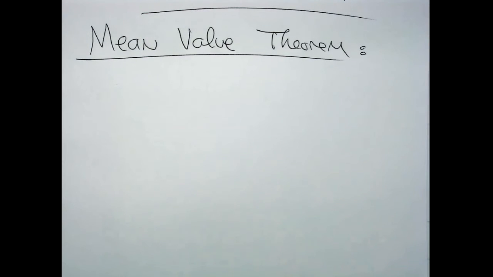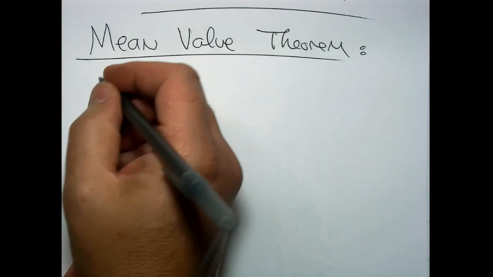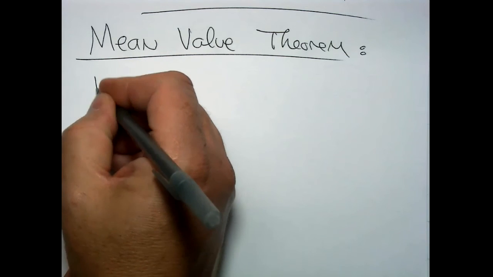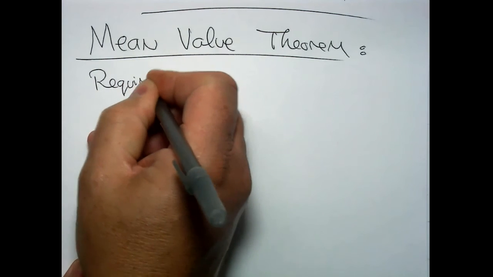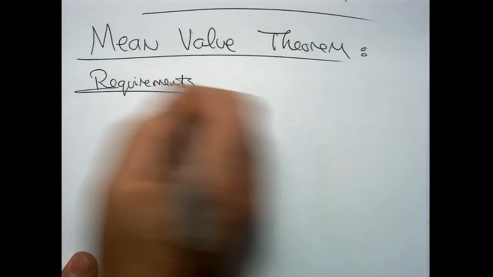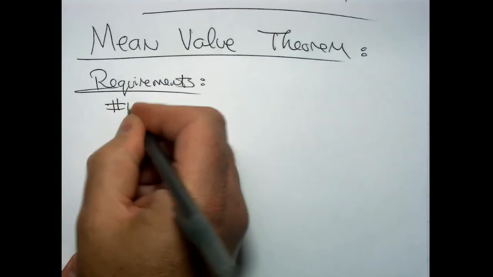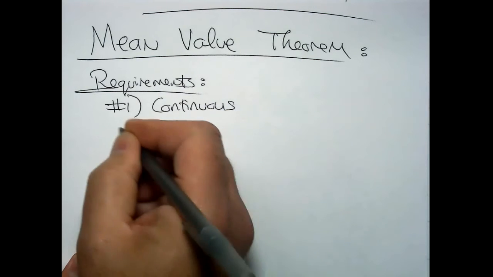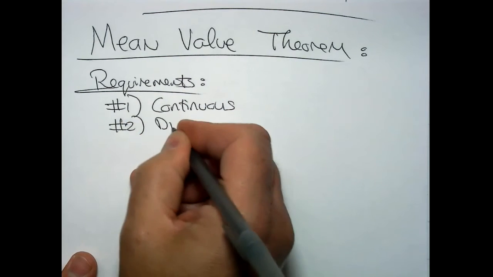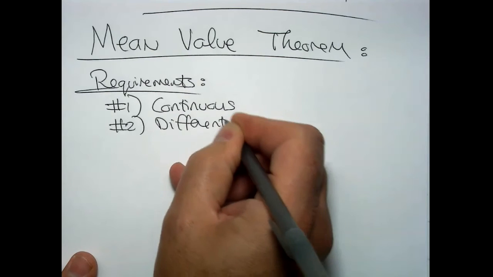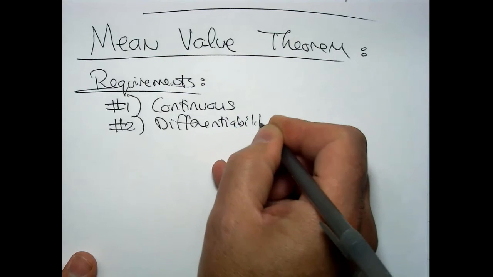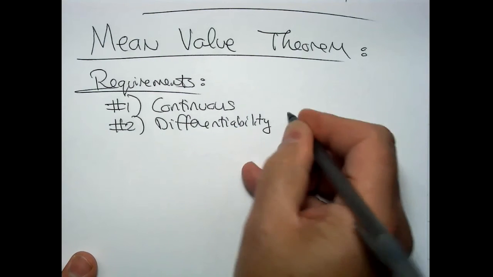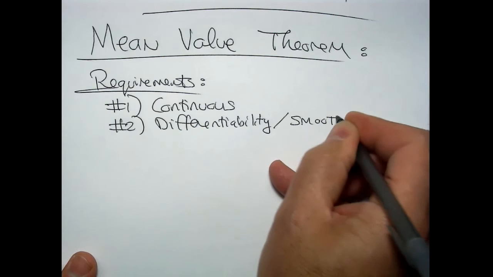Now what the mean value theorem says is the following. Just like Rolle's theorem, we have requirements. First requirement, number 1, continuous. We've seen that one before. Number 2, second requirement, differentiability, which implies smoothness.